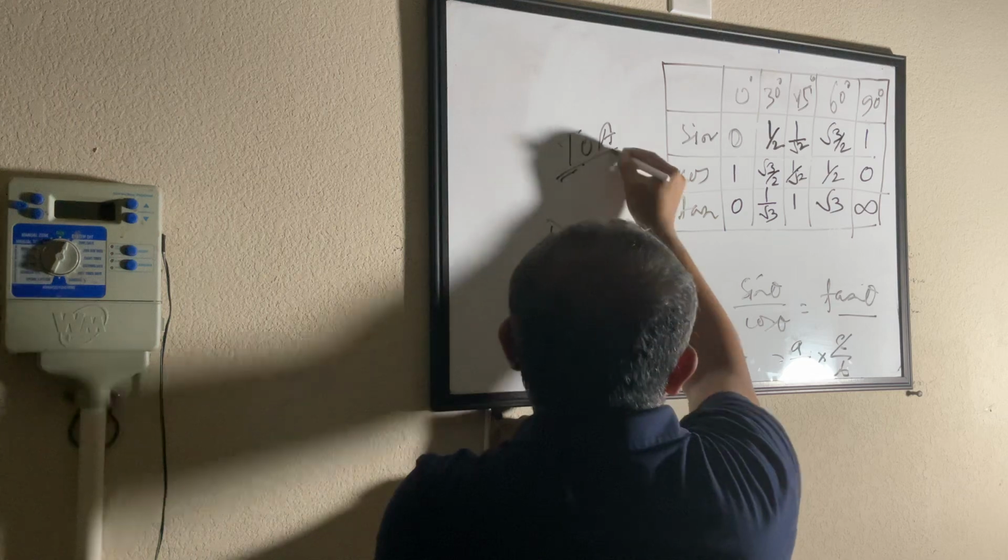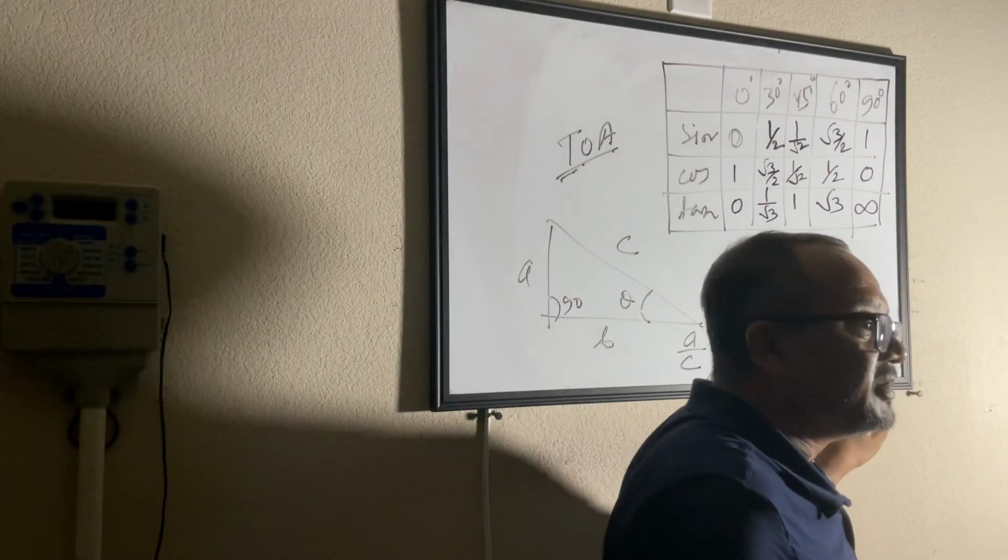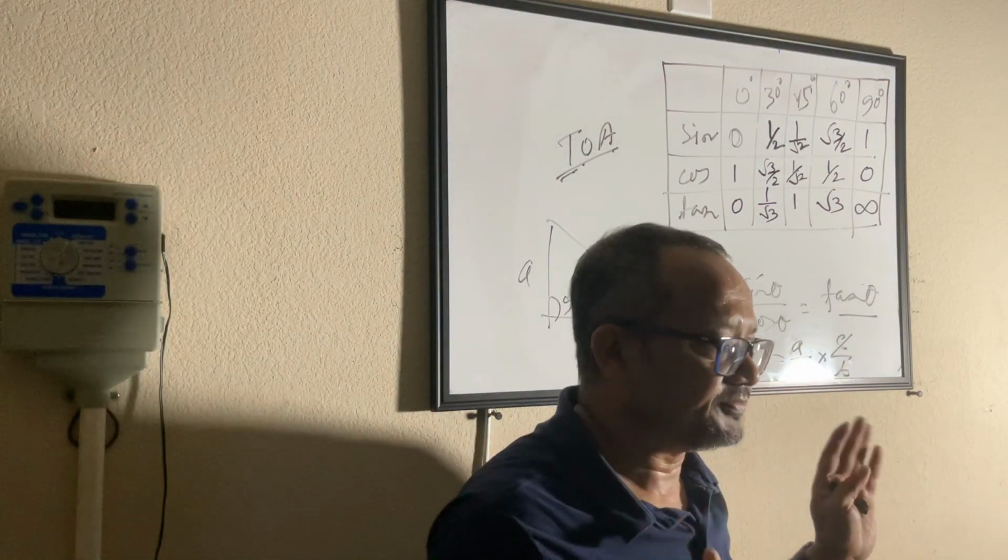Tan theta is opposite side by adjacent side. Okay. So that is how sine theta by cos theta is tan theta.